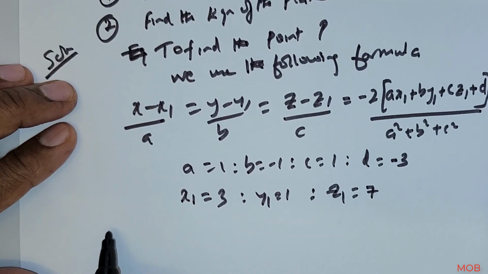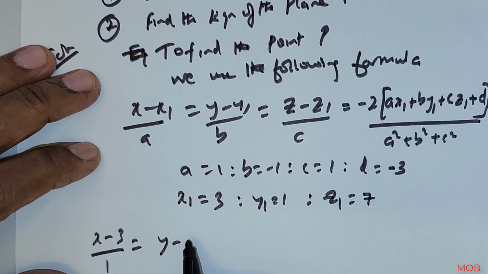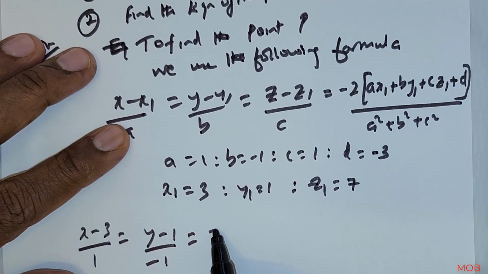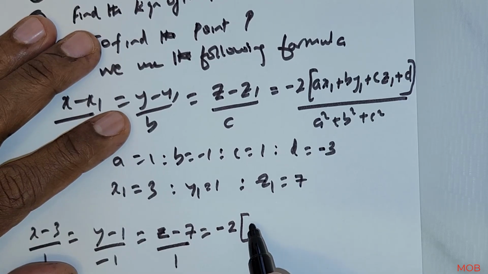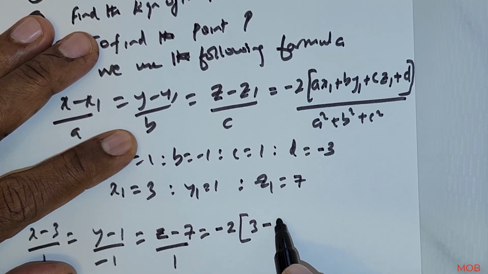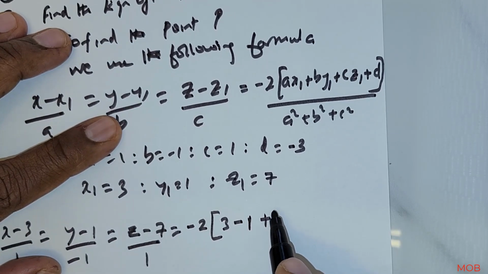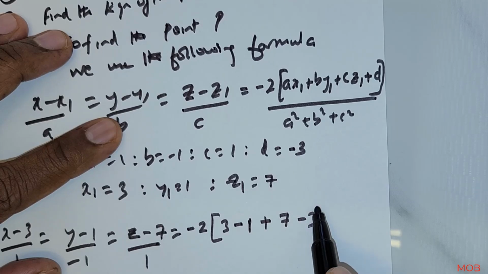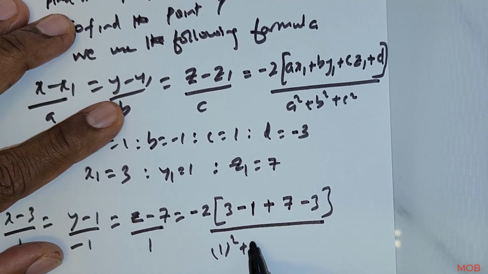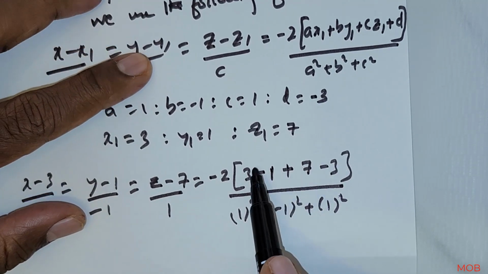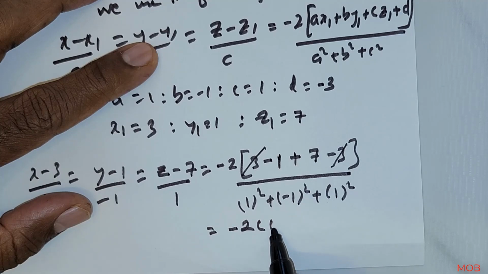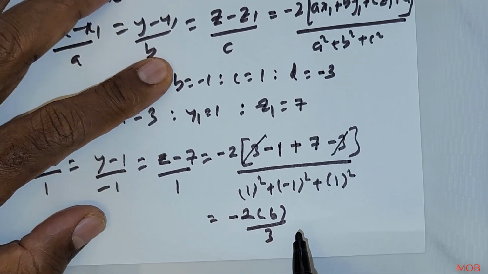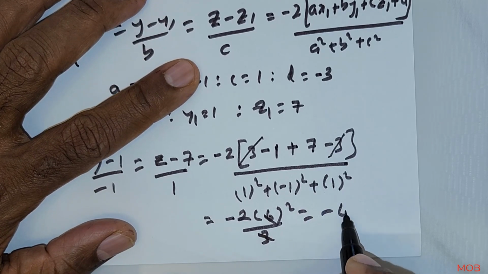So you substitute these values here. (x - 3)/1 = (y - 1)/(-1) = (z - 7)/1 = -2 times (1·3 + (-1)·1 + 1·7 - 3) divided by (1² + (-1)² + 1²). So this gives me 6, and you have 2 there, and 1 + 1 + 1 is going to be 3. 3 divides 6 two times, so you get -4 there.